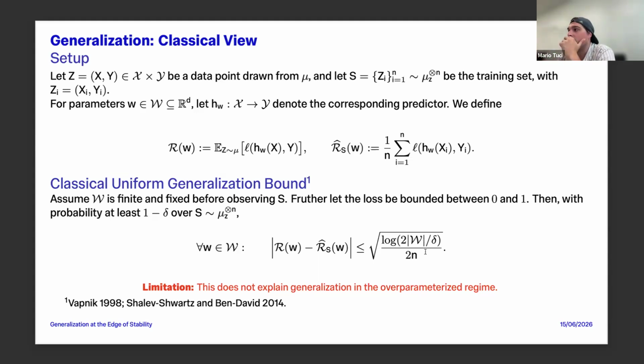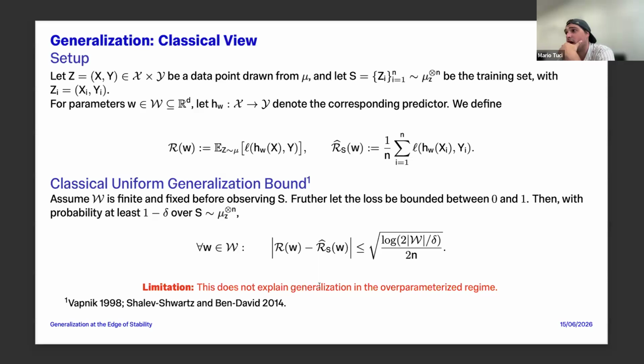I will not go into detail, but the problem is that the classical view tells us that this scales in some sort with the parameter count. So the bound isn't really tight, because we know that over-parameterized models work pretty well at the moment. So this classical view of overfitting doesn't really apply, and there is this limitation.